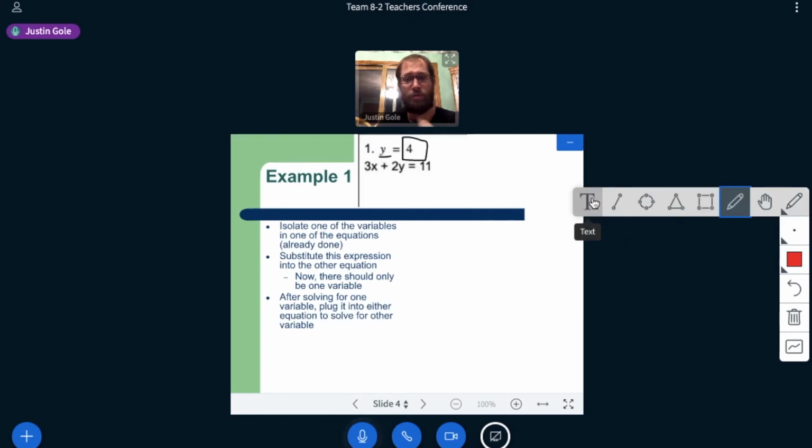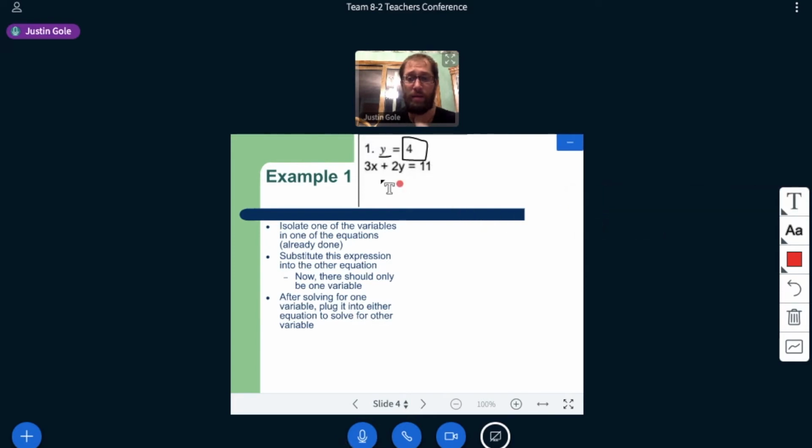So the first two on your homework assignment are easier like this. See if you can plug y in. Let me get you started. 3x plus 2 times 4 equals 11. See if you can solve for x. Go ahead and pause it and give that a try. All right, thanks for trying that, guys.